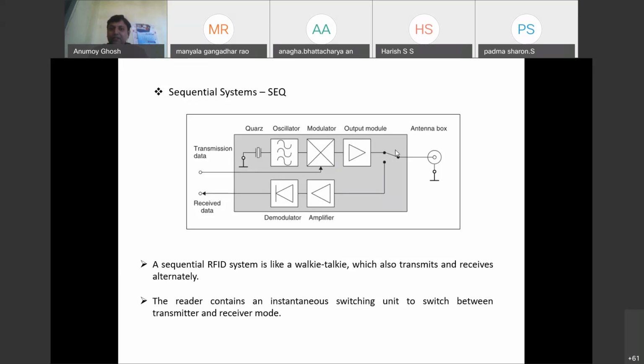But here there is a switching section. While the data is transmitted from the reader to the tag, this switch will be on, and while it is coming from the tag to the reader, the switch will come to this part. So there will be instantaneous switching between the transmitter and the receiver mode.